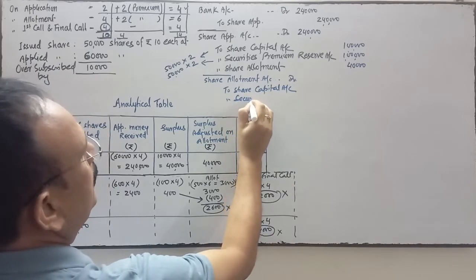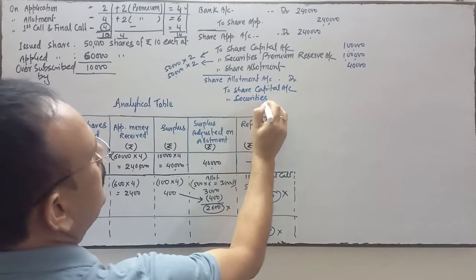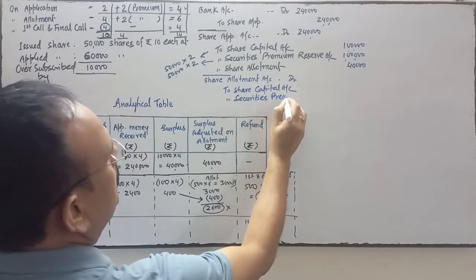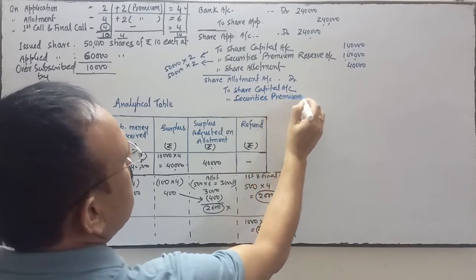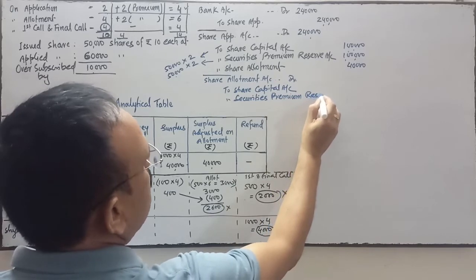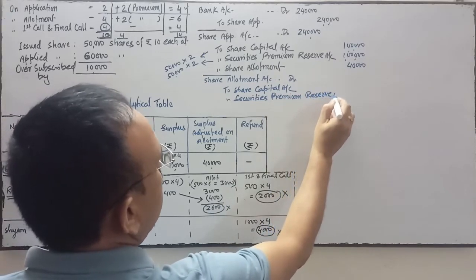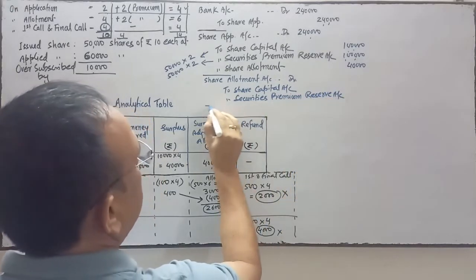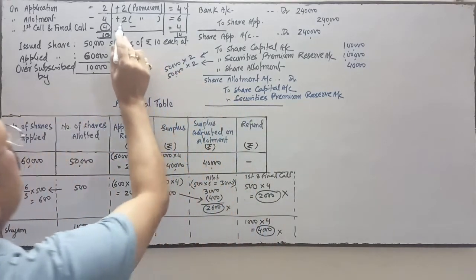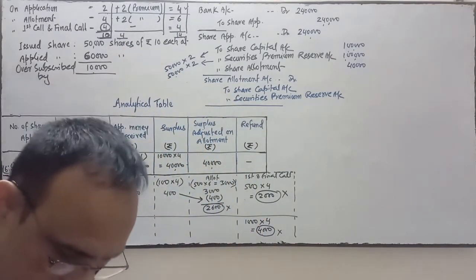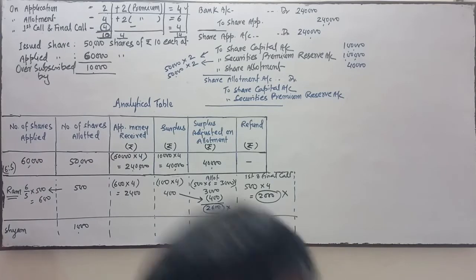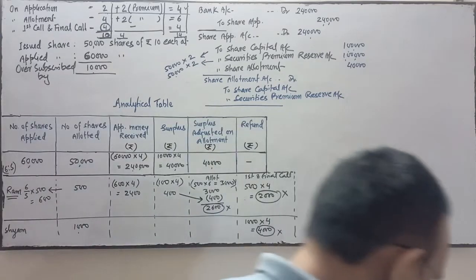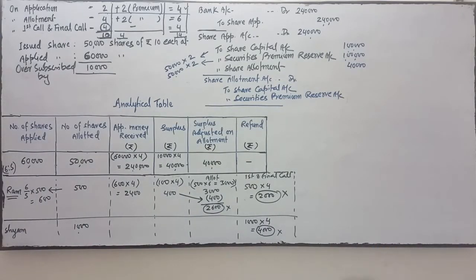So to securities premium reserve account. In allotment as well there is a premium. Securities premium reserve is on allotment.